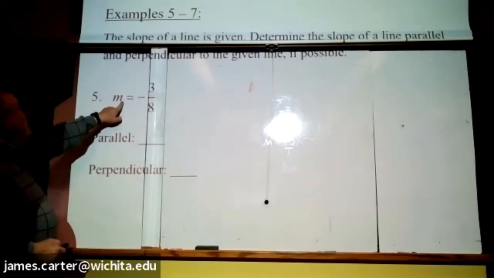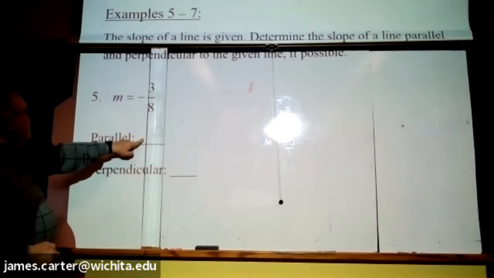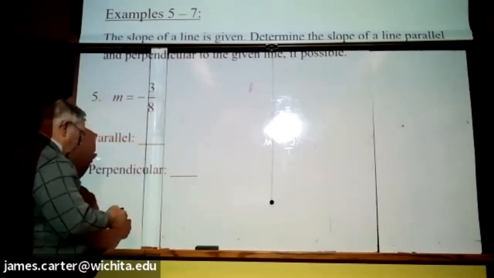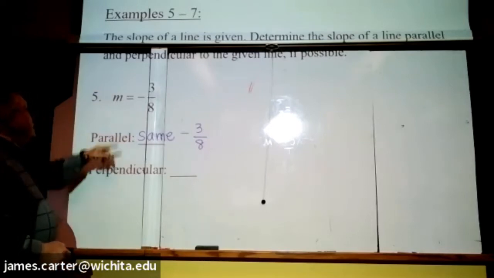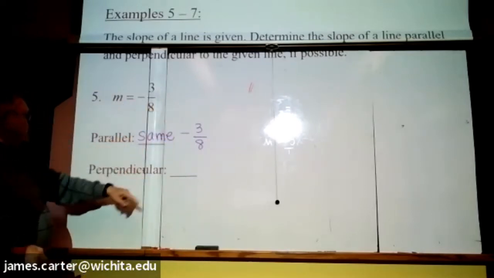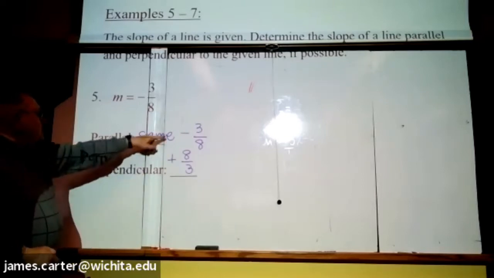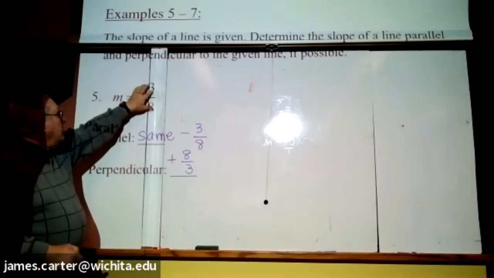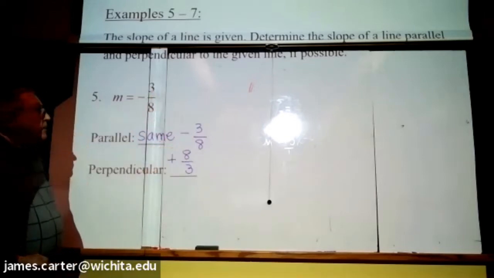If the slope of the line is given, determine the slope of the line that's parallel to this. Well, the answer in this one would be -3/8. It would be the same for parallel. For perpendicular, you take the opposite sign and you take the reciprocal.